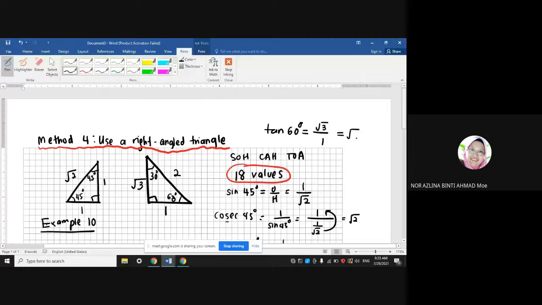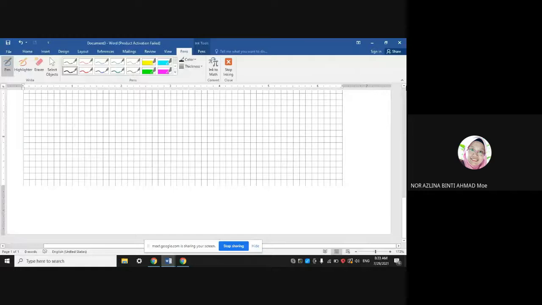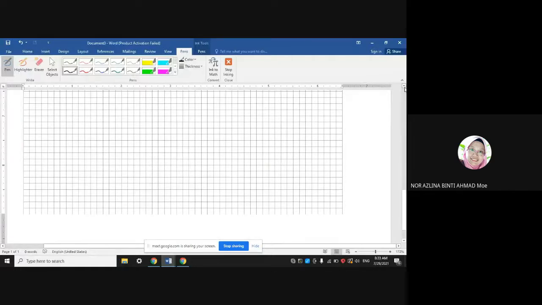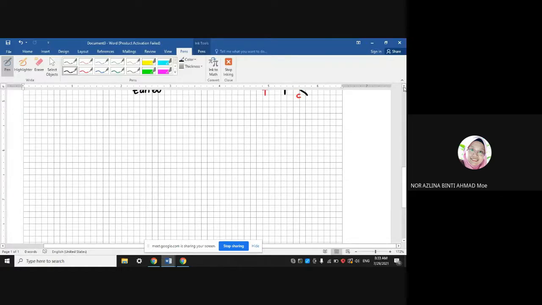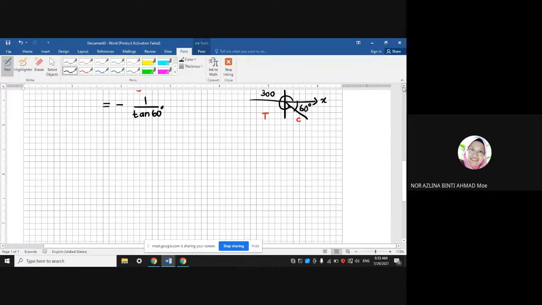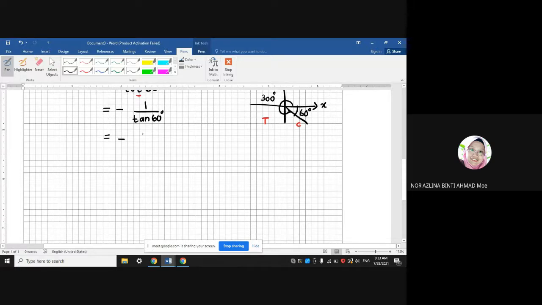Dia sama tapi yang membezakan dia punya simbol. Kita tengok sini. A, S, T, C. Kuadran 4 cos saja positif. Ini cotangent, tangent. Jadi mesti negatif. Negatif cotangent 60. So, this is tangent 60. Kita nak tangent 60. Tengok toa. 60 darjah. Opposite over adjacent. So square root 3 over 1.